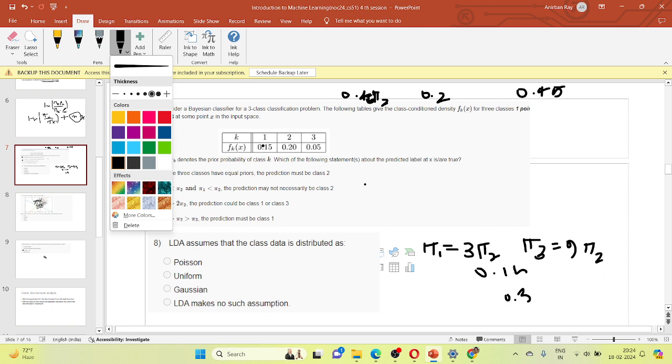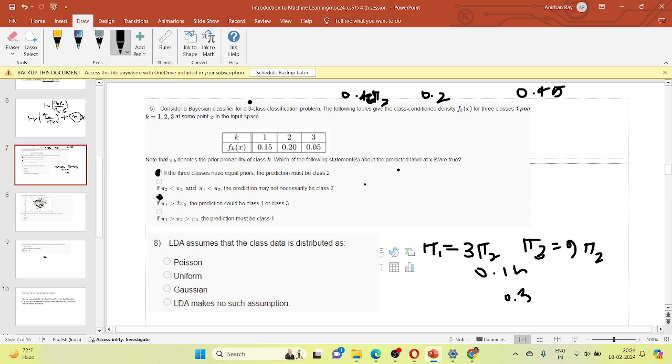If it is twice, suppose pi 1 equals 2 pi 2, then the first one we will have 0.3 multiplied. Sir, we don't have any information about pi 3. Yes, it is 0.2. So that is the reason actually.